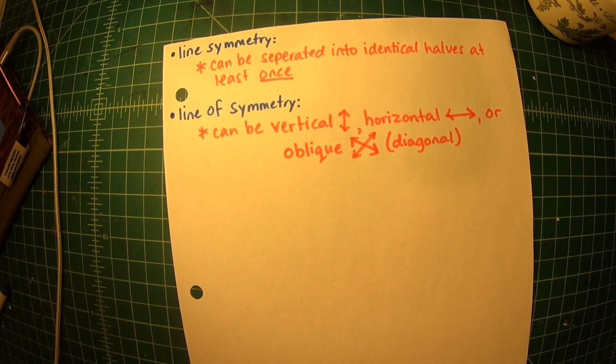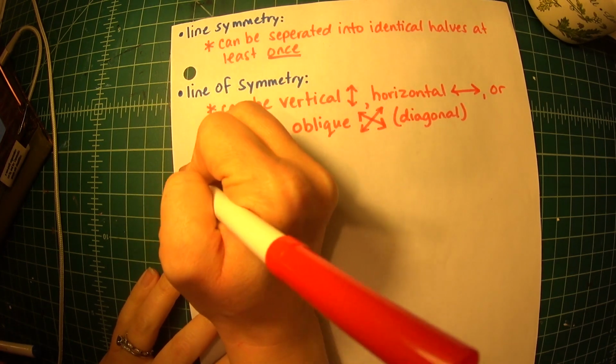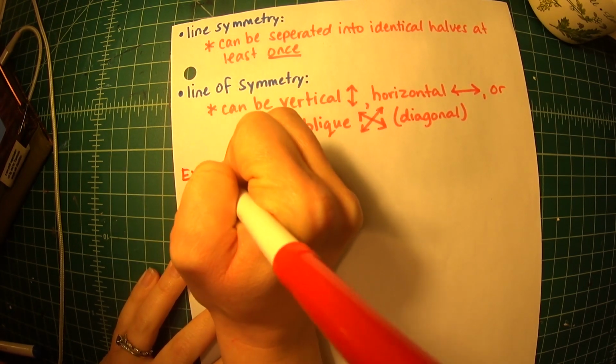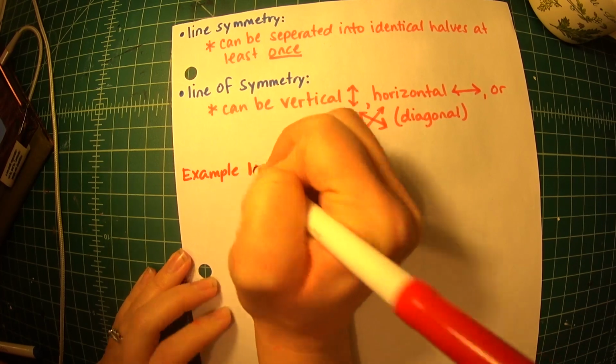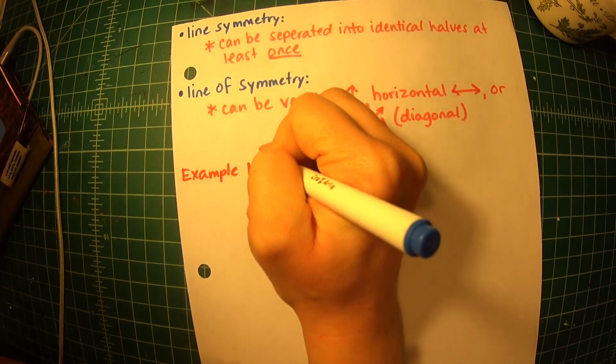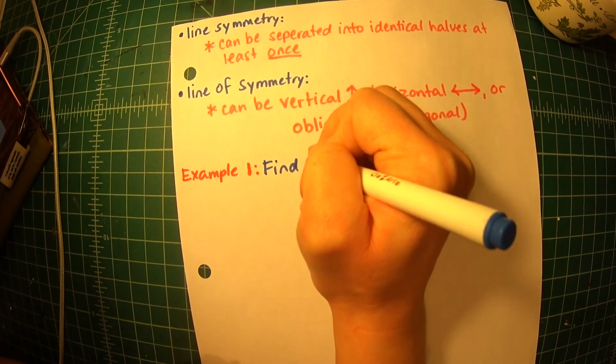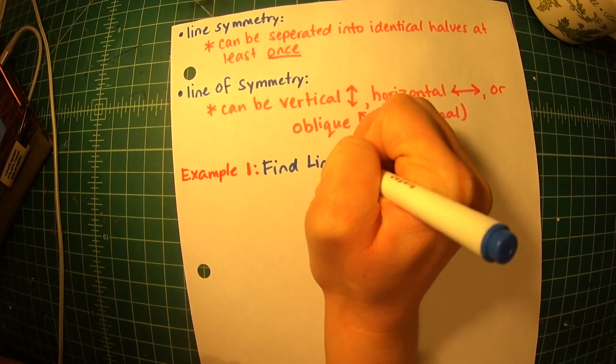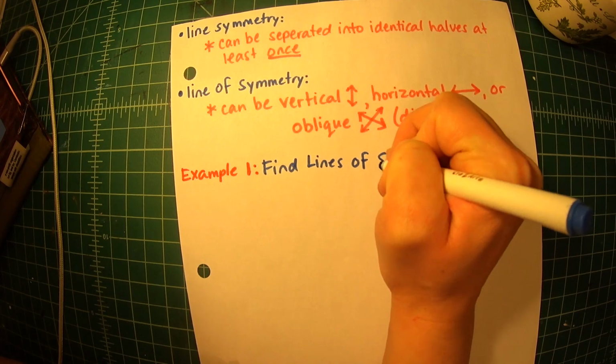Okay, so getting into some examples. The first thing that you will be asked to do in this unit, example 1, is to find lines of symmetry.